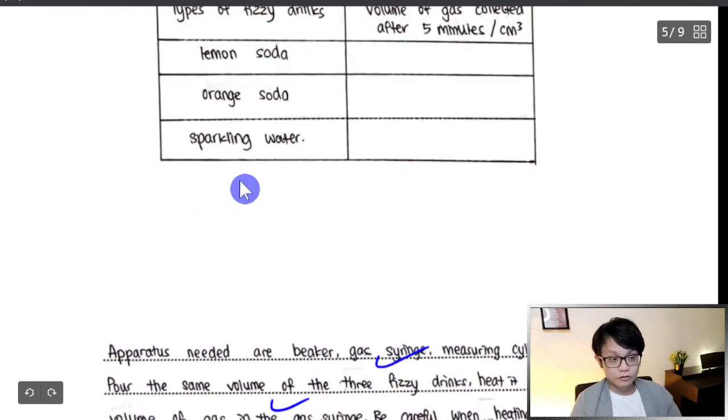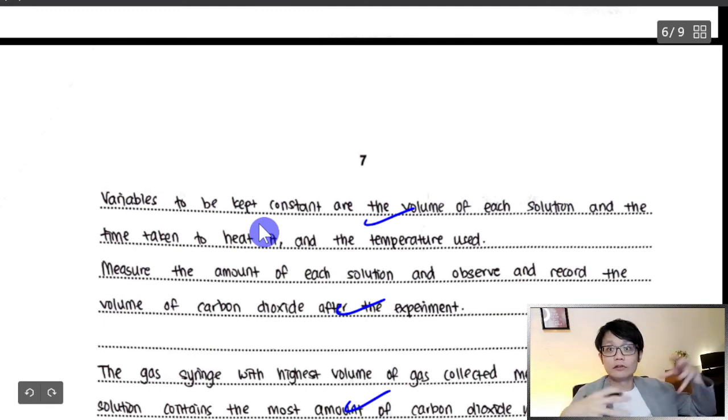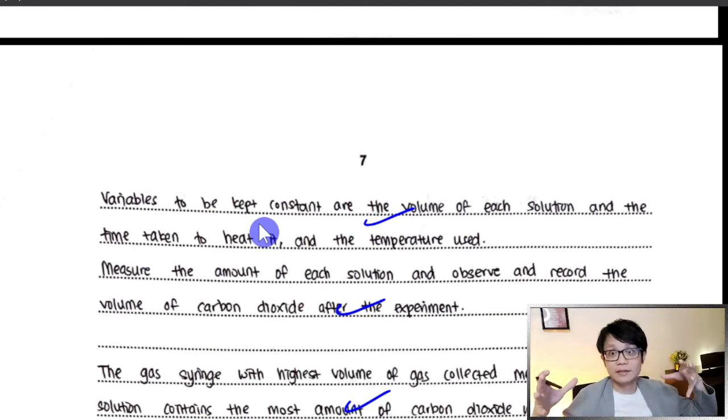So if I answer, I will say the manipulated variable, the carbon dioxide gas, will be recorded, and then you need to say the temperature or volume of the fizzy drink must be kept constant throughout the experiment. So you give a parameter for the experiment, so the experiment will be fair and the examiner knows that the student understands.